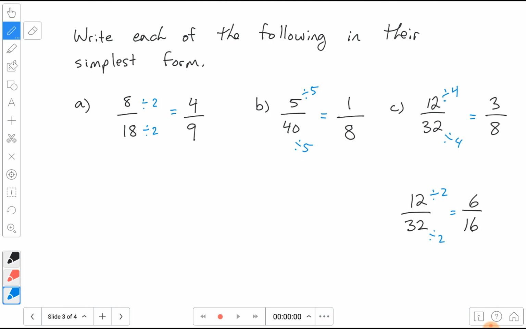We're not finished yet because these are both even still, so let's divide by 2 again. 6 divided by 2 gives us 3, and 16 divided by 2 gives us 8. So we get the same answer, we've just gone about it a different way. 3/8 is the simplest form of 12 over 32.